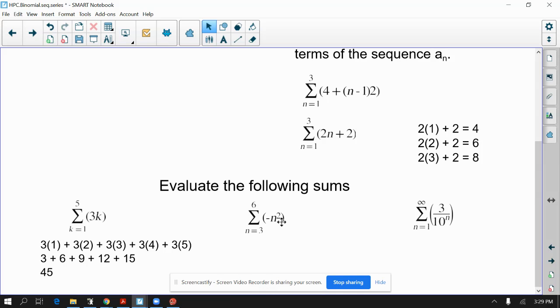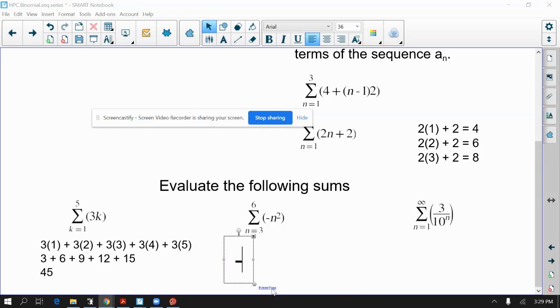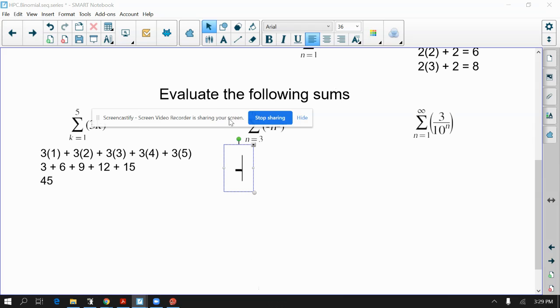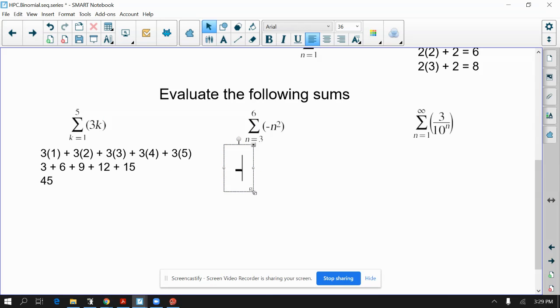So you are adding 4 negative numbers here, starting with -9 plus -16. So 3 squared is 9, of course, but then it's -9. 4 squared is 16, but there's a negative in front, so it's -16. I'm not squaring -4.